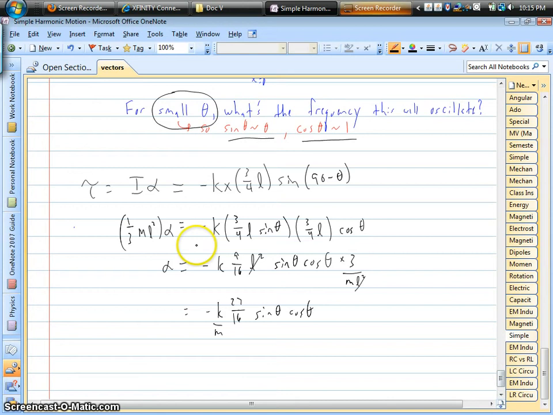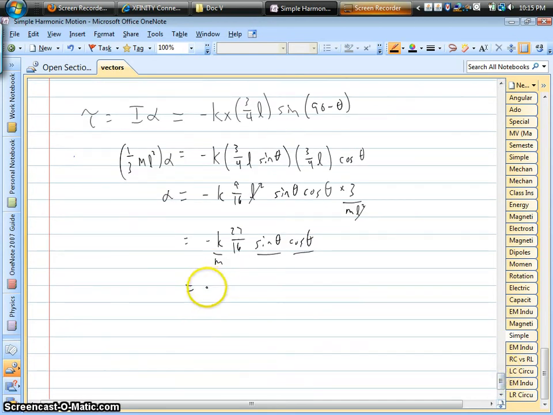Now look what happens when we make that approximation on what we have here. We have both a sine theta and a cosine theta. Now sine theta is approximately theta, and cosine theta is approximately 1.